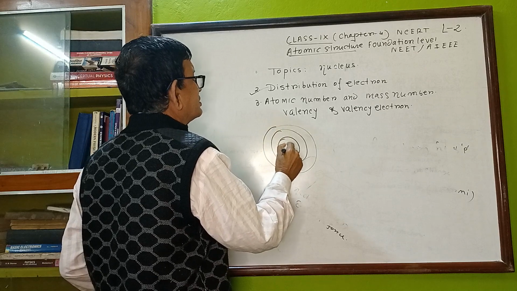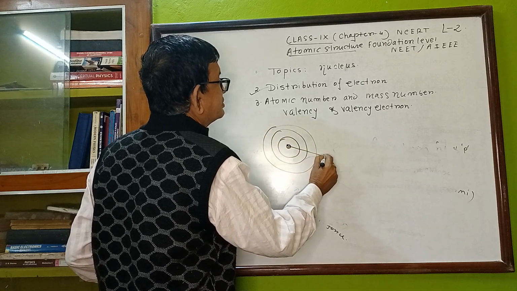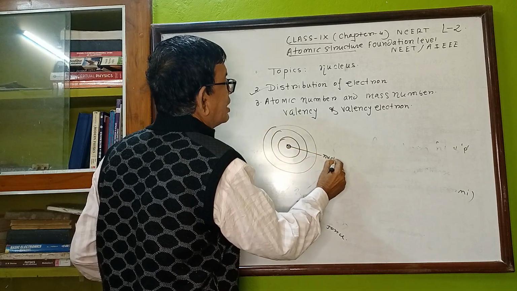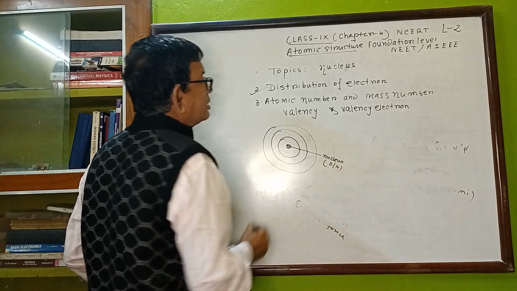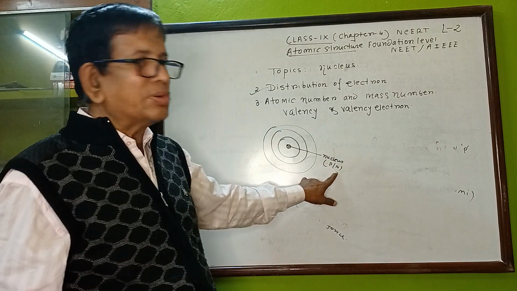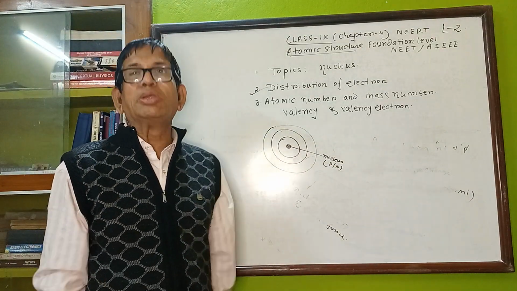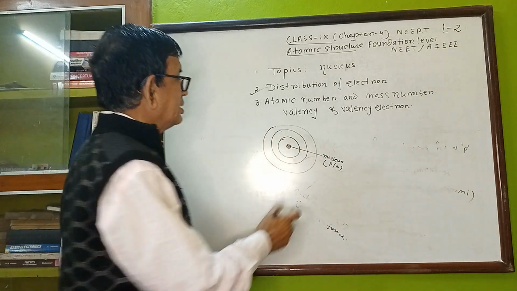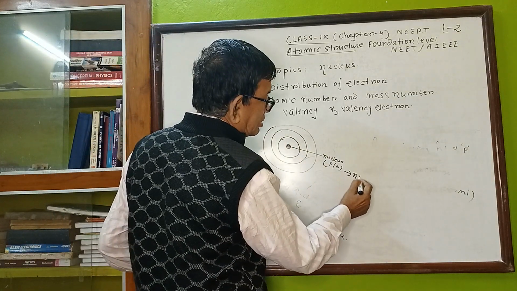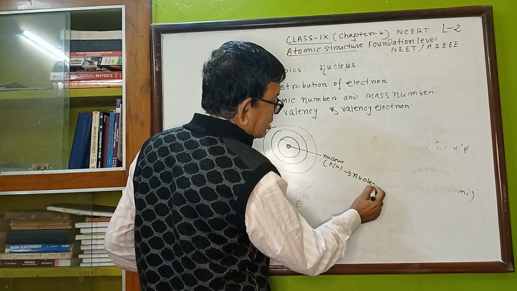This is the nucleus. Nucleus has proton and neutron. Number of protons and neutrons together are called nucleons. Particles present in the nucleus are called nucleons.